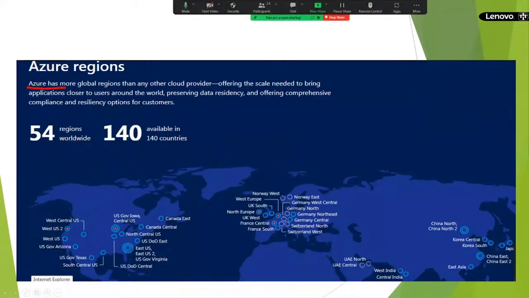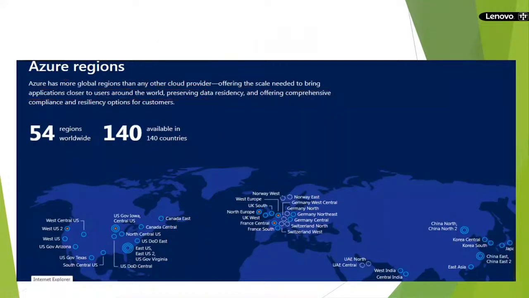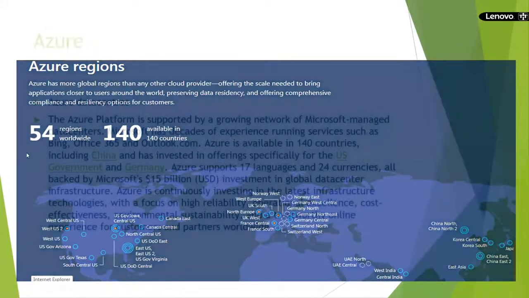Azure has more global regions than any other cloud provider, and here the competitor is AWS. This offers scale and brings your application closer to customers. If there are any issues, they can sort them out immediately, with low network latency. They provide good support if you are facing any issues. Because of that, Azure has a lot of demand in the market. Most clients are migrating from AWS to Azure as well.